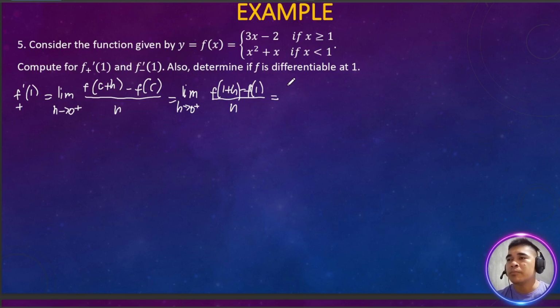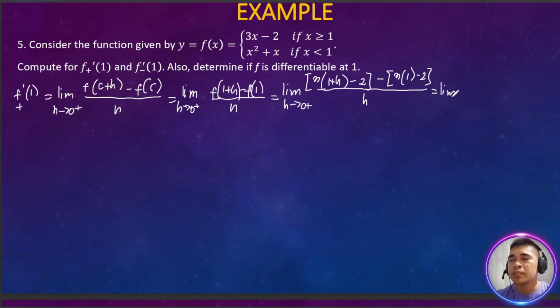Since that is from the right of 1, we need to use 3x minus 2. So the limit, 3 times, we replace x with 1 plus h, minus 2, then minus, we replace x with 1, all over h as h approaches 0 from the right.